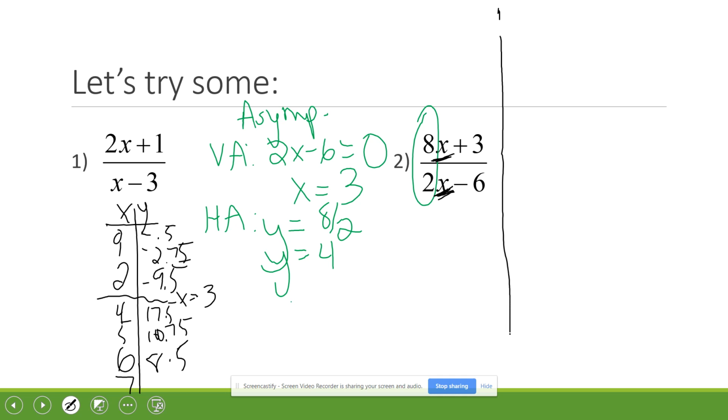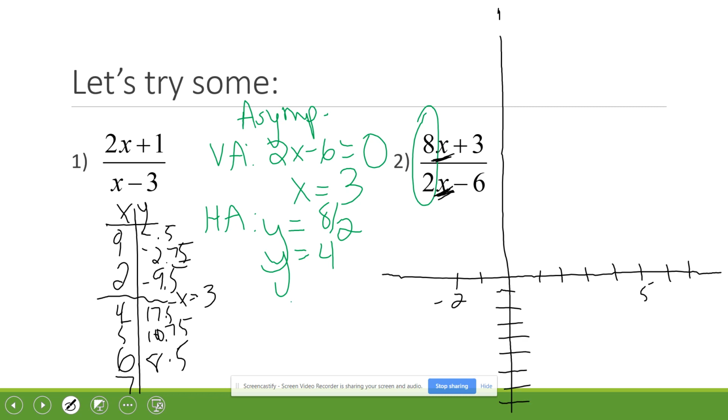So if I'm sticking with that, I need a really big graph. I think I'm going to go by 2's here.